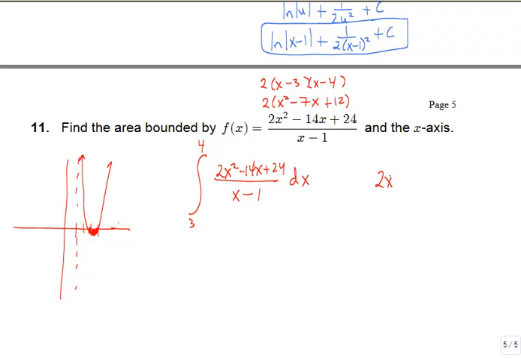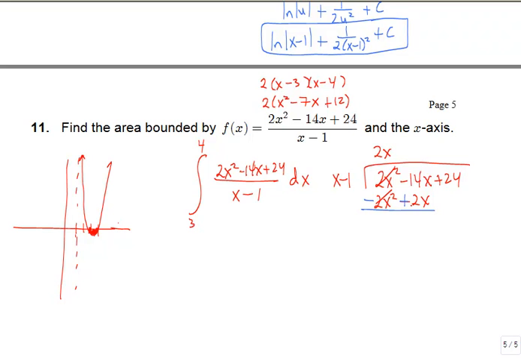We're going to take that numerator and divide it by that denominator. x times 2x gives me 2x squared. 2x times negative 1 is negative 2x, but we have to change our signs. So this becomes minus, this becomes plus. These cancel.